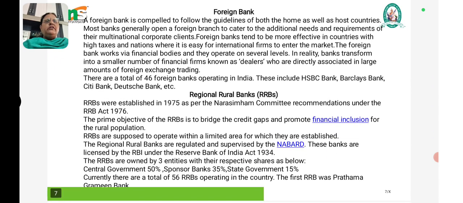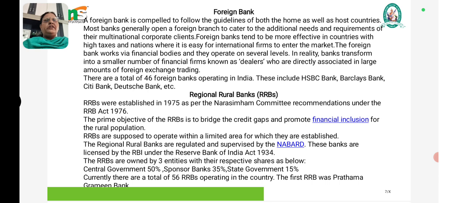Coming to the foreign banks. A foreign bank is a bank that follows the guidelines of both the home as well as the host country. Most banks generally open a foreign branch to cater to additional needs. A foreign bank is one which has its head office in a foreign country and branches in our country.